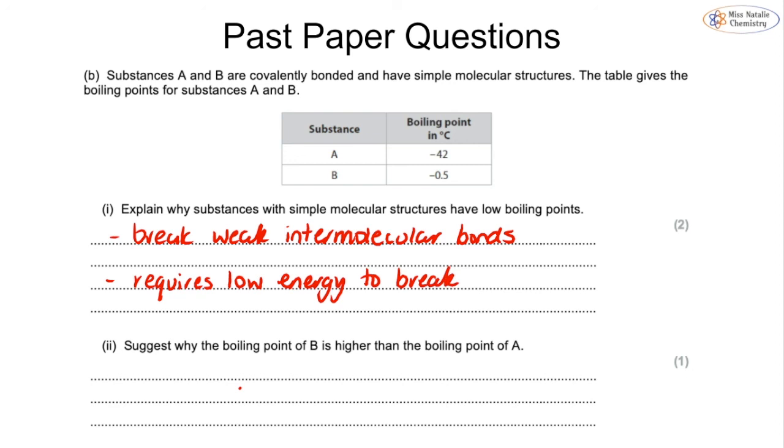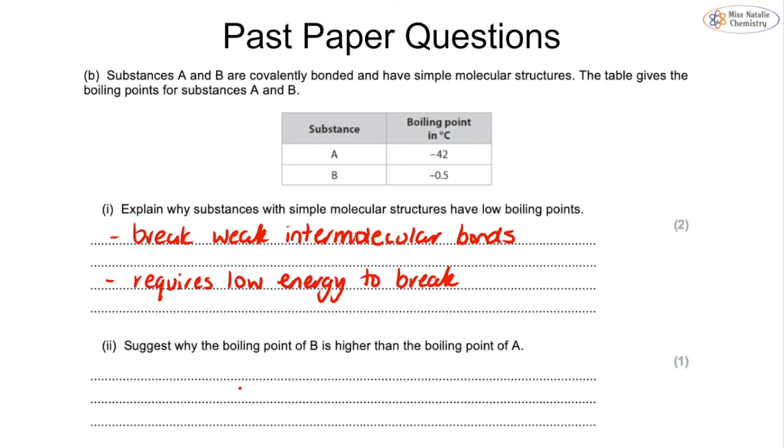Now we can't say less energy because less energy would imply that we are comparing it to something else, and we're not doing a comparison here. So we have to use the term low or little or small amount of energy. Don't use the word less unless you're actually comparing two things.